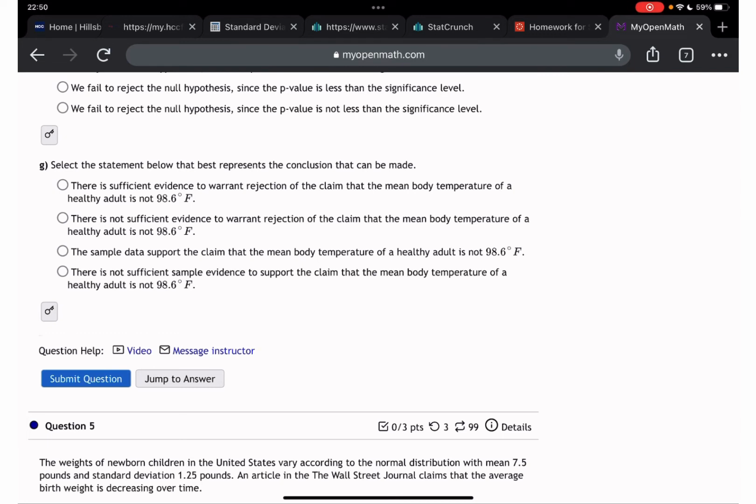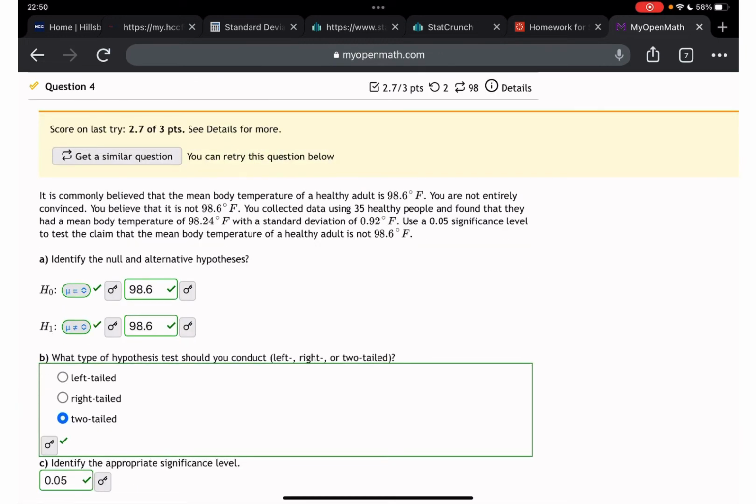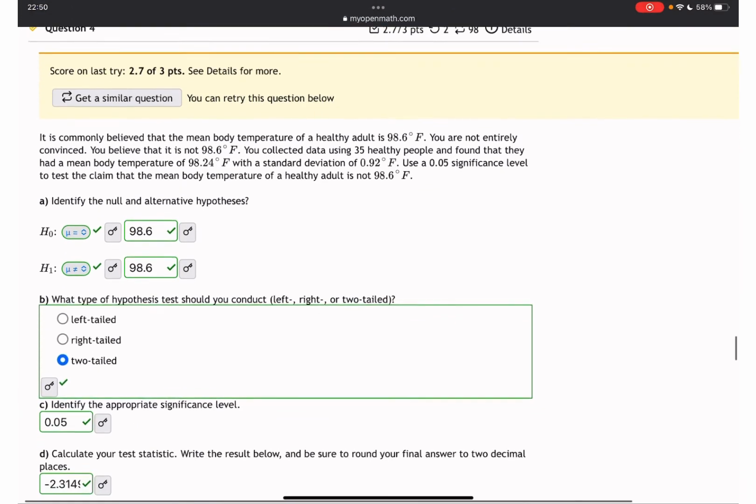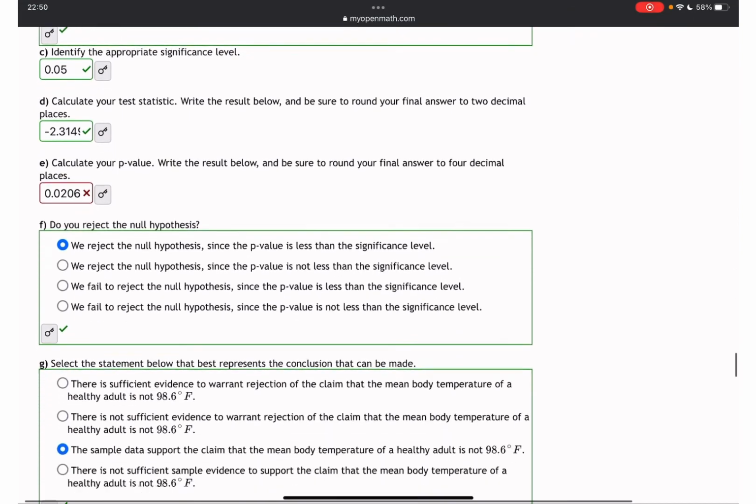Here it is, the sample data support the claim that the mean body temperature of a healthy adult is not 98.6. Okay, let's submit. Let's check. It's correct.